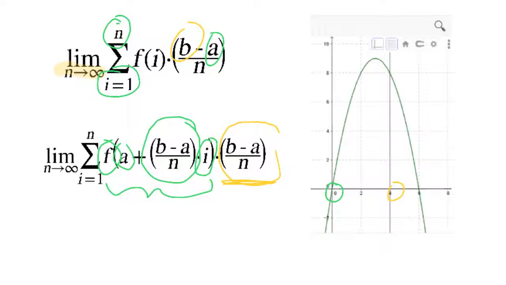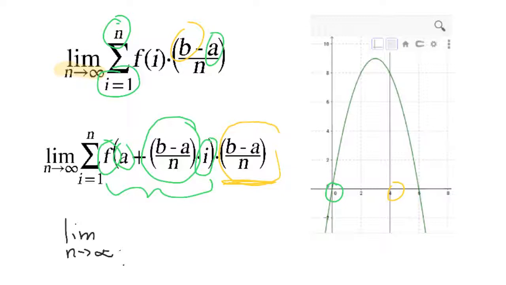So then I can just simply bring that out, and I'm going to write it down here: the limit as n approaches infinity of the sum of the area of all the rectangles, i equals 1 to n of... I'm going to bring the yellow out.